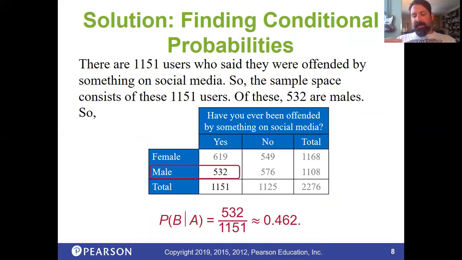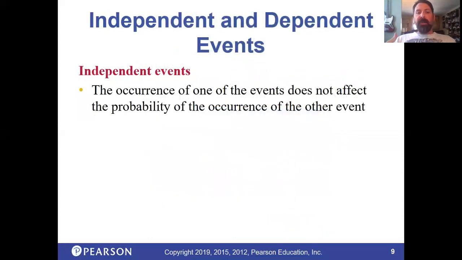So that's the idea of things being dependent or independent. Two events are independent if the occurrence of one does not affect the probability or the occurrence of the other event. So they do not depend on each other if one event occurring does not affect the probability of the other event occurring.